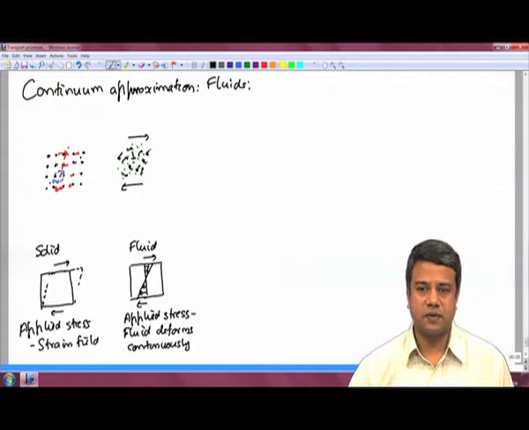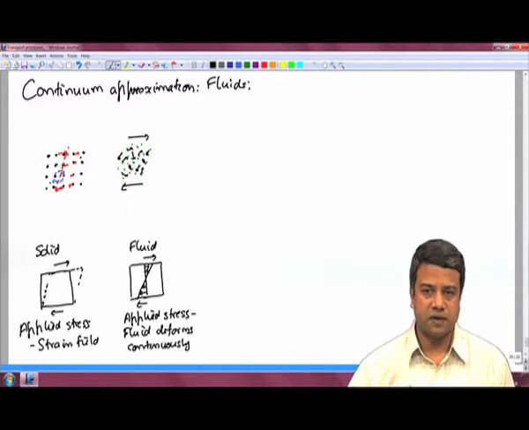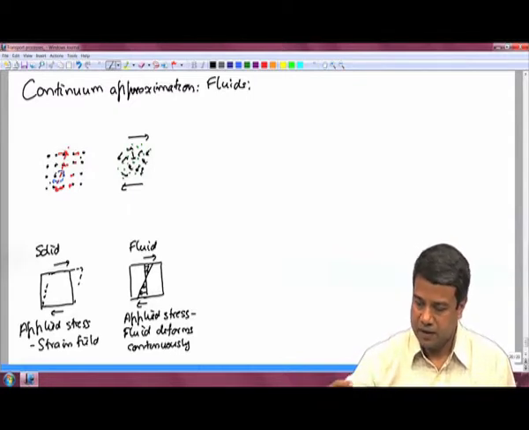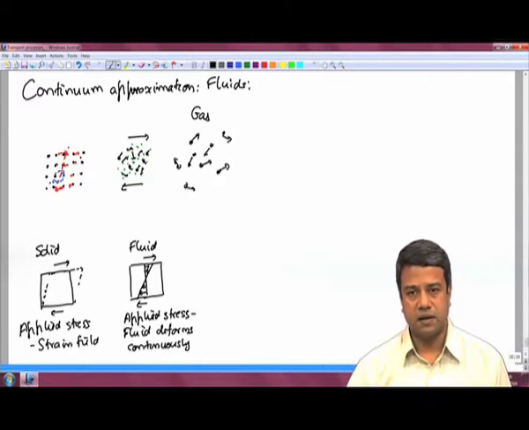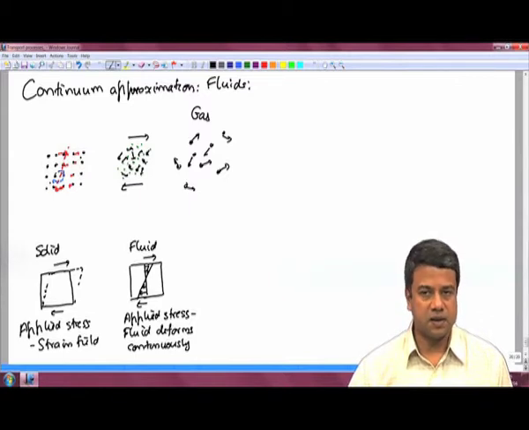The distinction between liquids and gases at the molecular level is clear, but at the continuum level they are not distinct. At the molecular level, in a gas, the separation between molecules is much larger than the molecular diameter. The molecules are once again in a random state of fluctuations due to the thermal energy, but the distance between molecules is much larger than the molecular diameter, typically about 10 to 100 times.